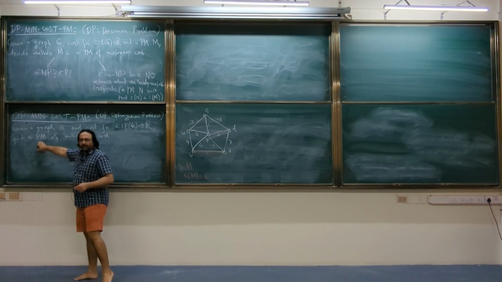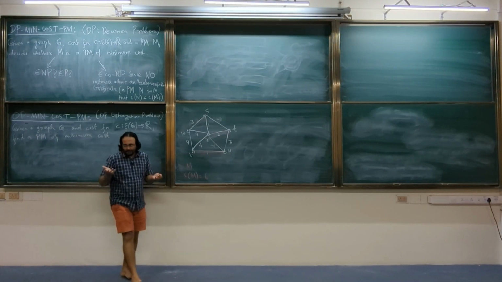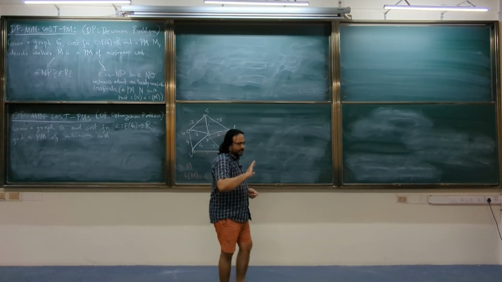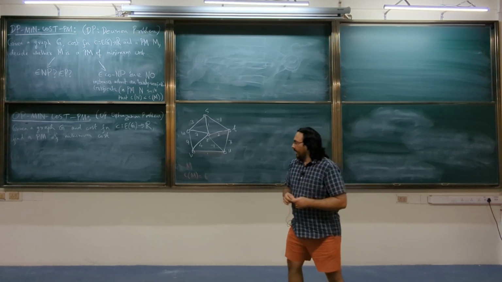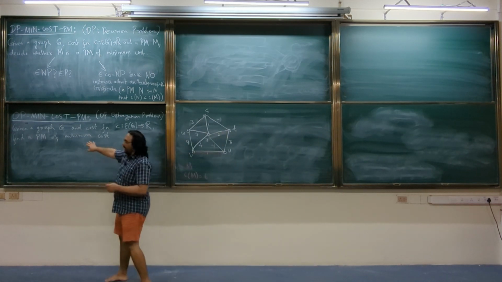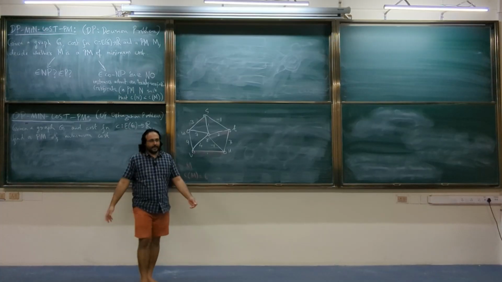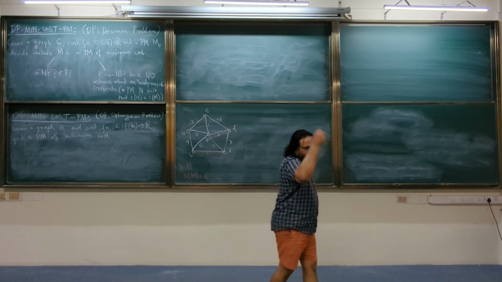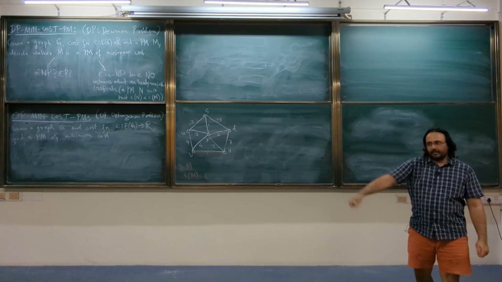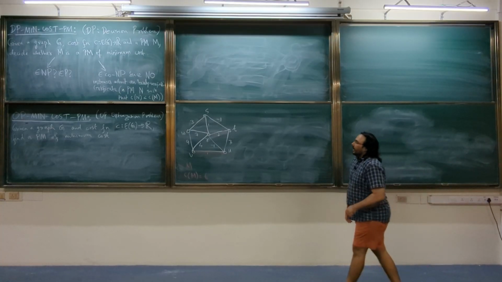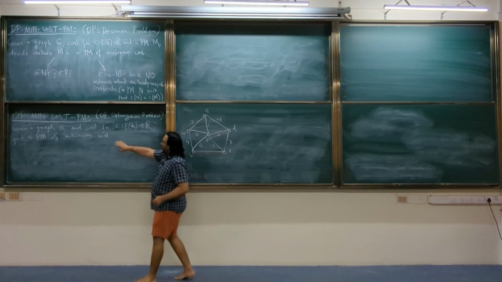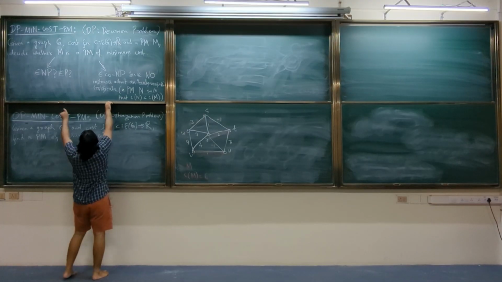First of all, does the graph have a perfect matching? We have discussed that a graph may not have a perfect matching. But anyways, let's assume that the graph has a perfect matching. Even in that case, this is not an easy problem. Just because the graph has a perfect matching doesn't mean you're going to find one with minimum cost like that. But anyways, we'll also talk about existence of perfect matching and all those things.